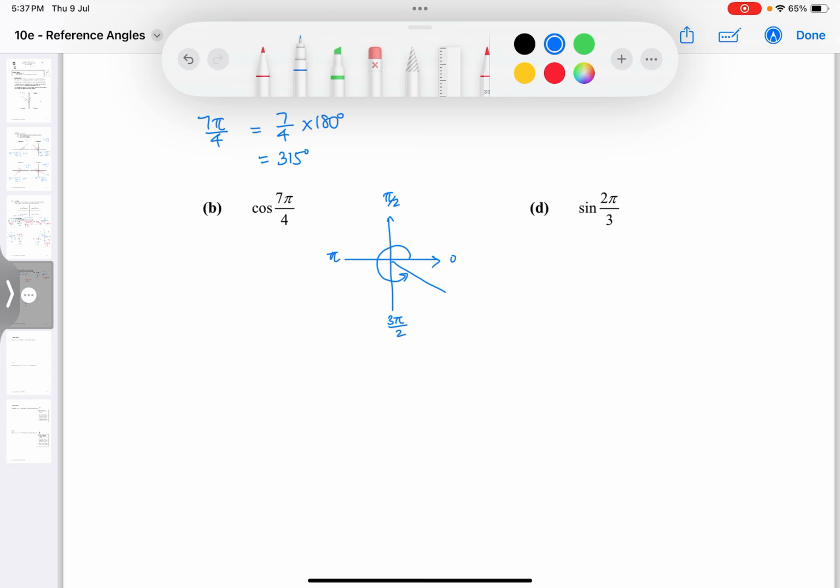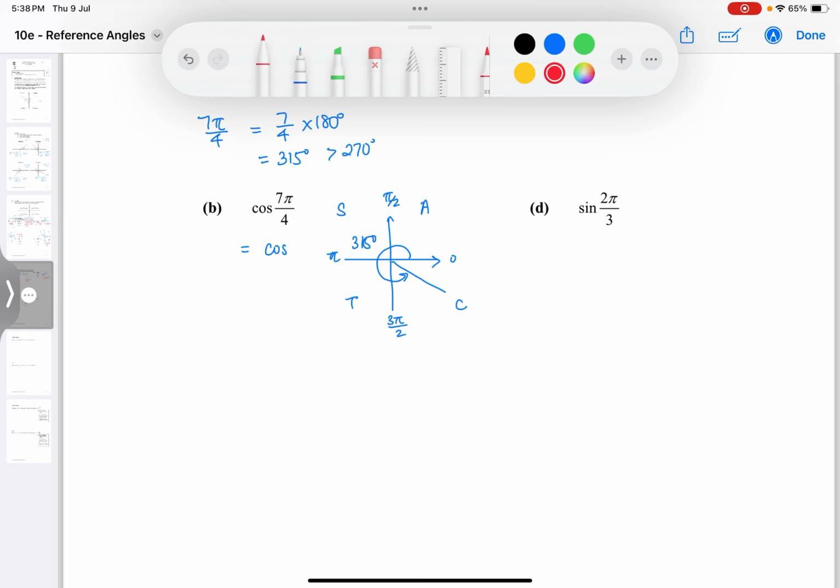Then you will be able to say, 315 is greater than 270, so it's in the fourth quadrant. In the fourth quadrant, ASTC, cosine is positive. Therefore, the sign of this one is positive. Don't need to write the negative sign in front.